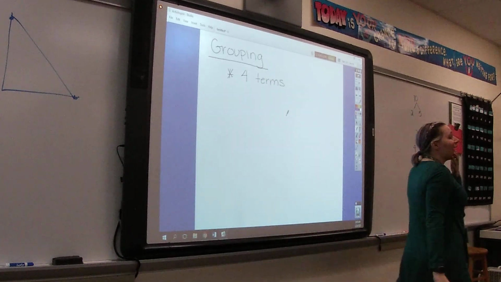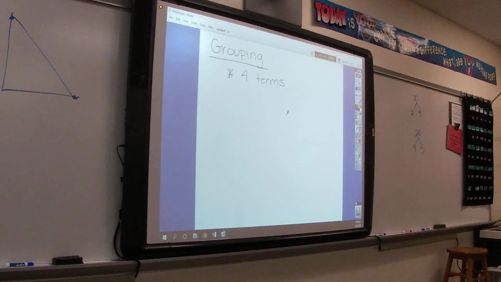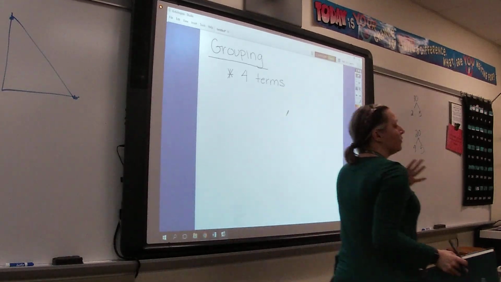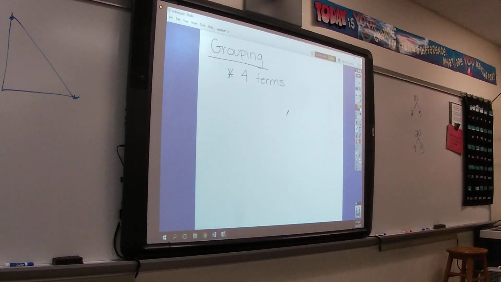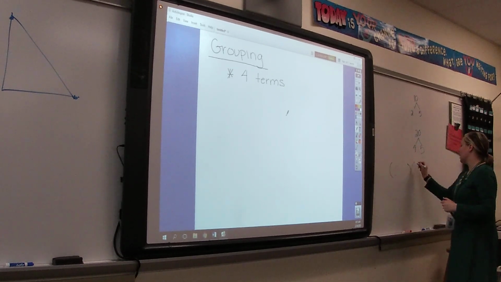But now we want to add some pieces that we haven't talked about yet. What are some things that we can do with factoring by grouping that we didn't get to on Friday? Friday we were saying, let's make sure we understand the process, the basic concepts, and that we could go through the steps and get it into its 2, what are these 2 things called other than factors at the end?